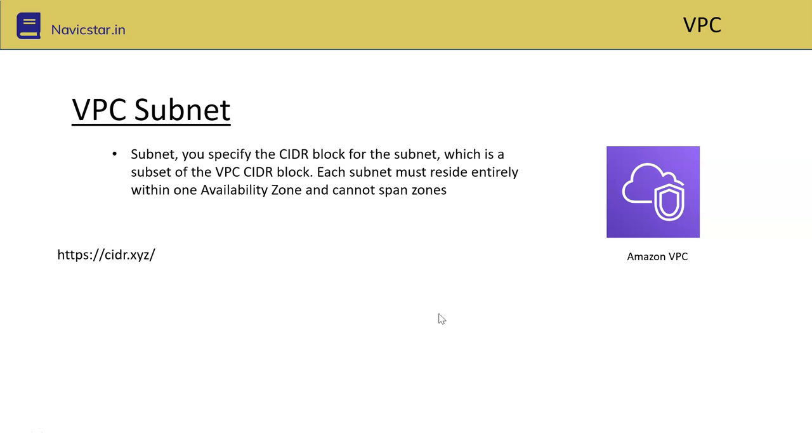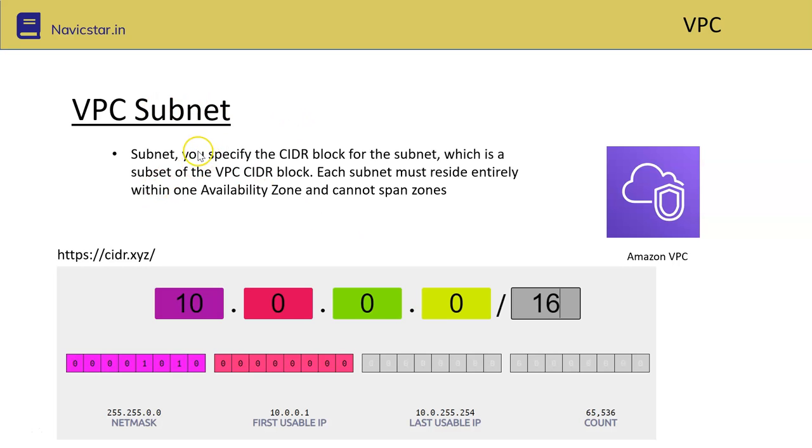A VPC subnet is a subnet for which you specify the CIDR block. We reserve this CIDR block for our VPC, 10.0.0.0/16. Let me show you this site, which is very good, and you can check it whenever you are building any subnet.